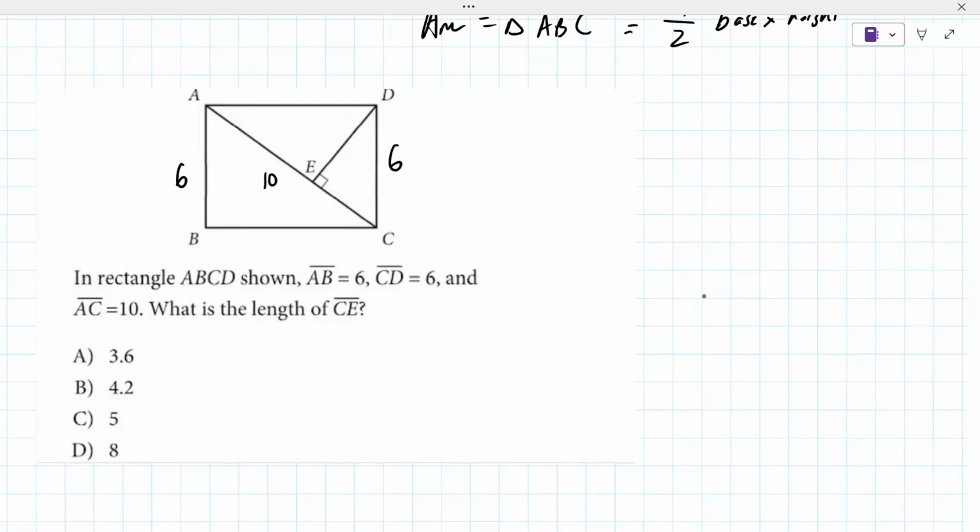So that's the hypotenuse here. They want you to find the length of CE there.